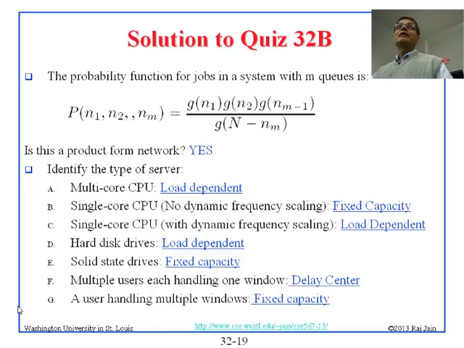Maybe out of 14, 3 are waiting on the disk and 2 are waiting on the CPU, but the rest of them are waiting for you. So you are a queuing center. As opposed to a single window system, where you are just doing one thing, then you finish something, then it goes to CPU, disk, and everything else. When it comes back, you are again thinking about the same thing and servicing it. So there's no queue at you.